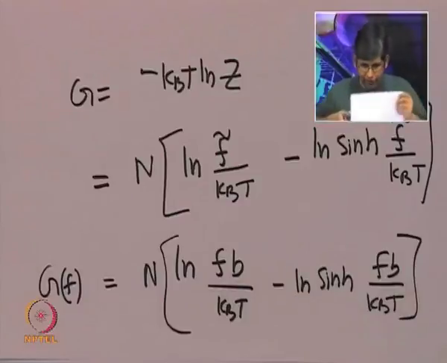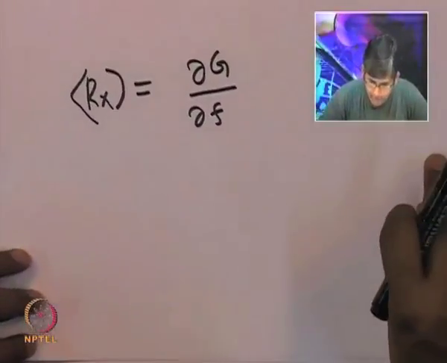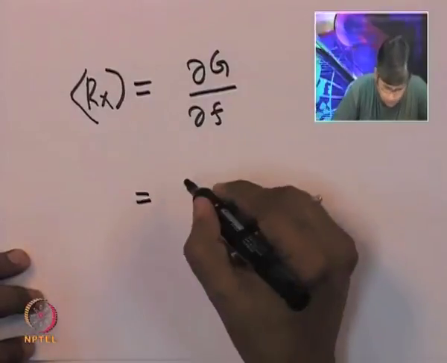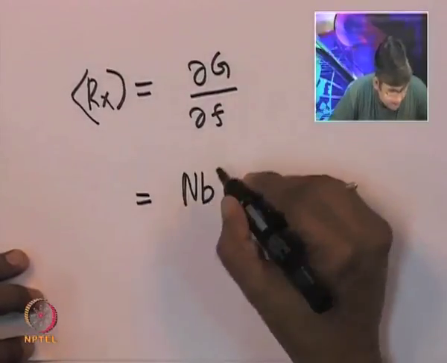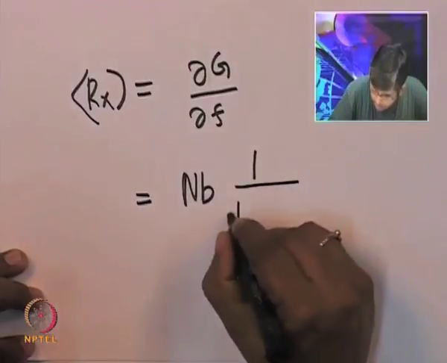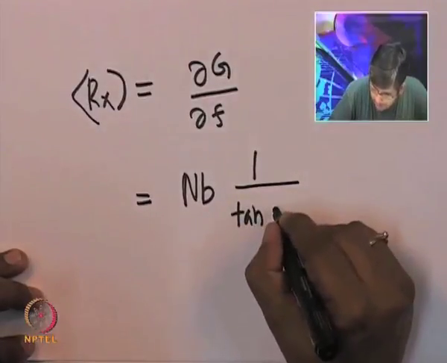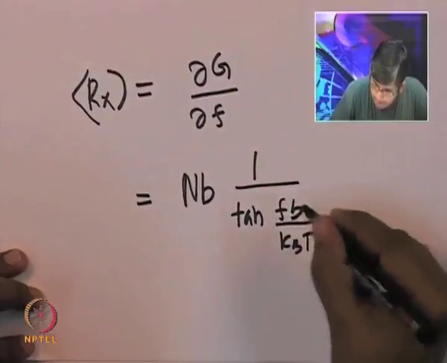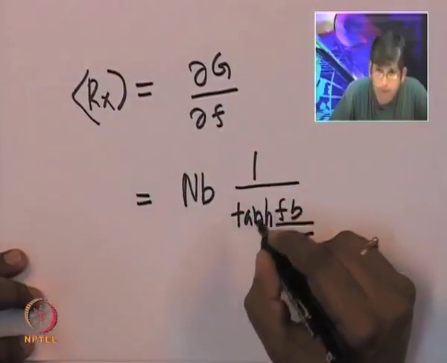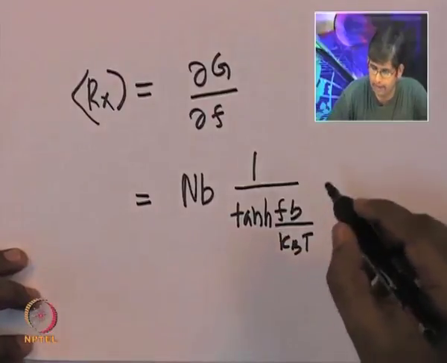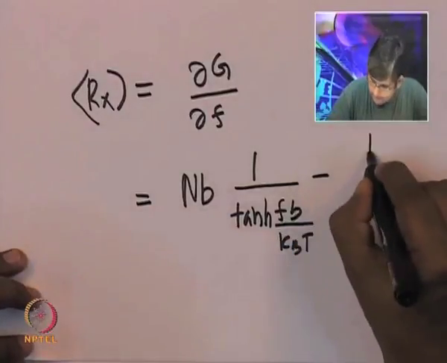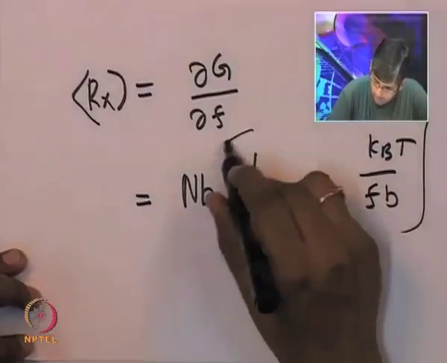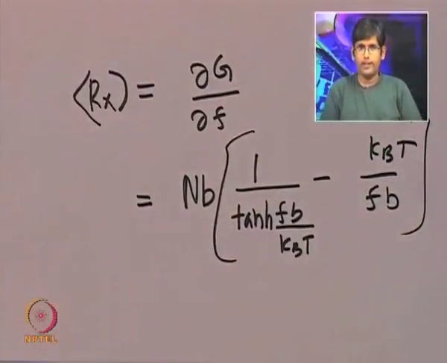The answer you would get is N b times [1 over tanh(f b by kBT) minus kBT by f b]. This is what you get.